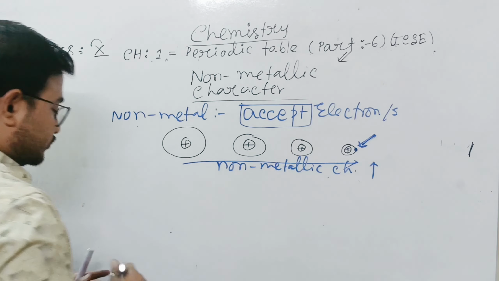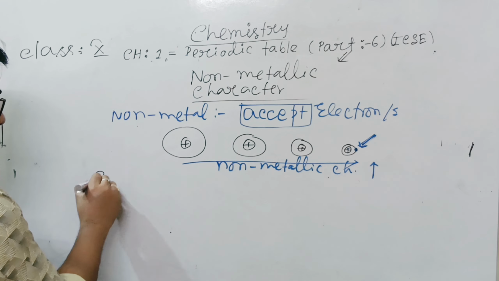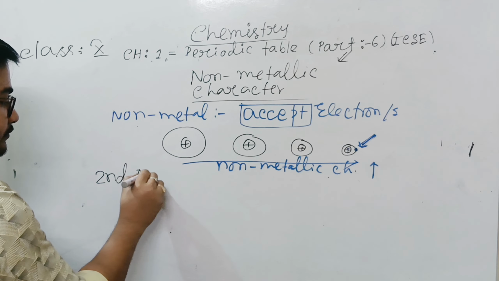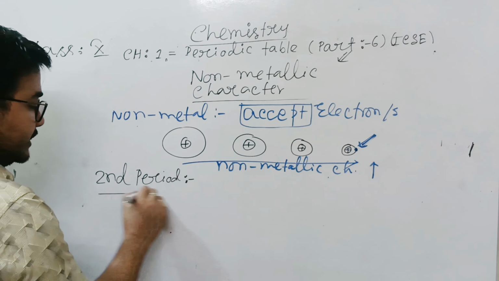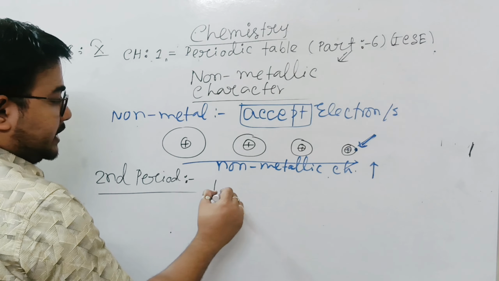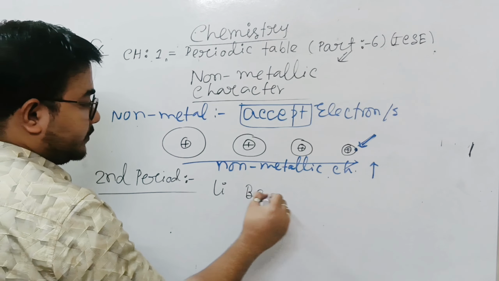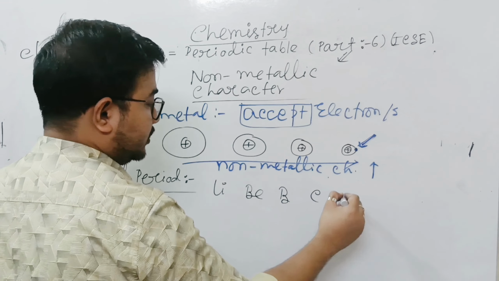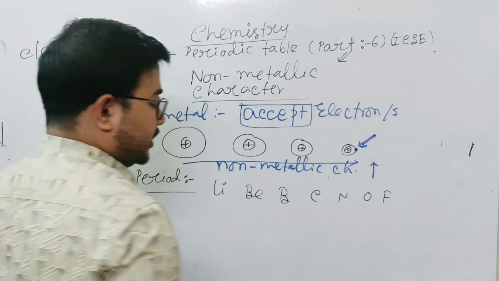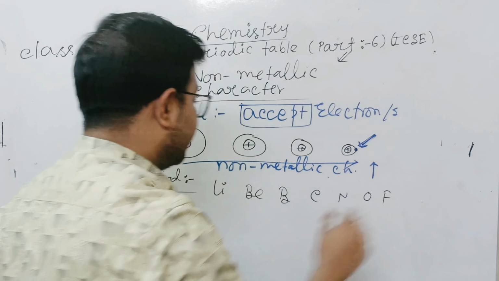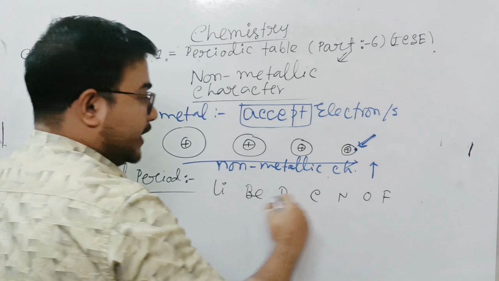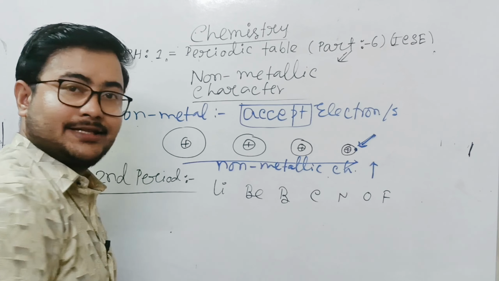Okay. Now another point. As you move left to right, and if you consider the second period, just now I discussed the second period: lithium, beryllium, boron, carbon, nitrogen, oxygen, fluorine. Okay, all of you understand? Now tell me, as you move left to right, non-metallic character increases.